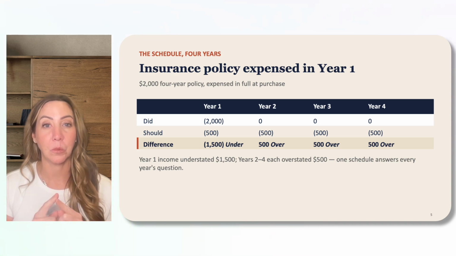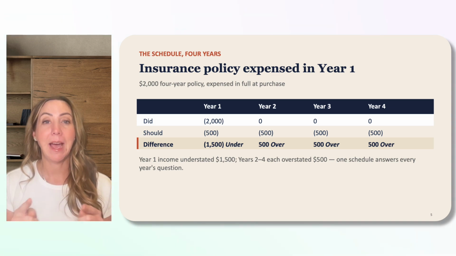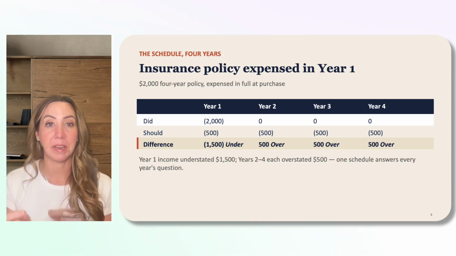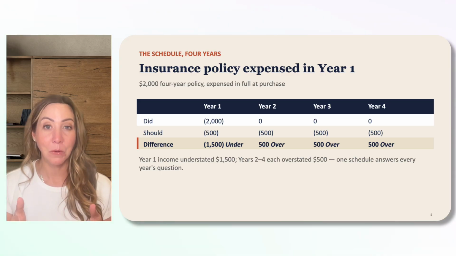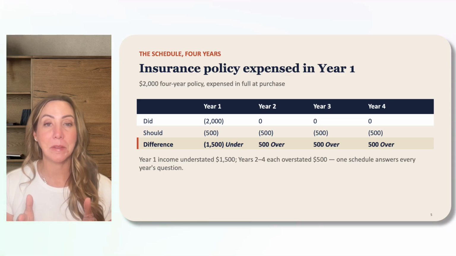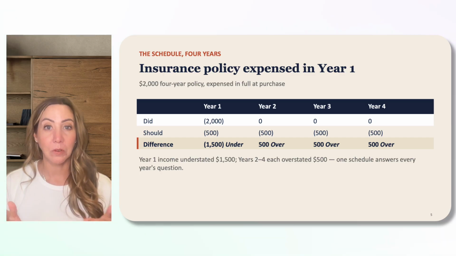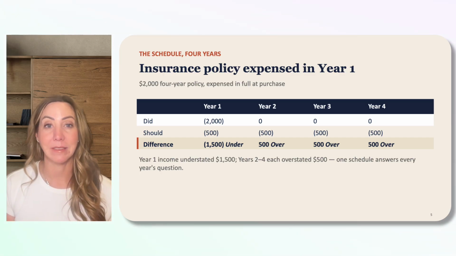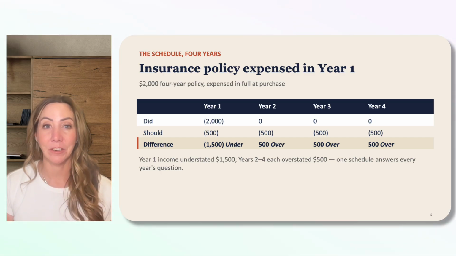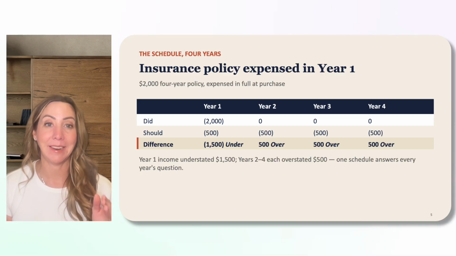Those 2 errors are what's sitting in retained earnings right now. Add them together and we would know that retained earnings at the end of year 2 is understated by $1,000. The difference in the year 2 column, though, the $500 overstatement, that's what's wrong with net income in year 2. One schedule answers every question the problem can ask. Income effect in any year and retained earnings effect at any date.